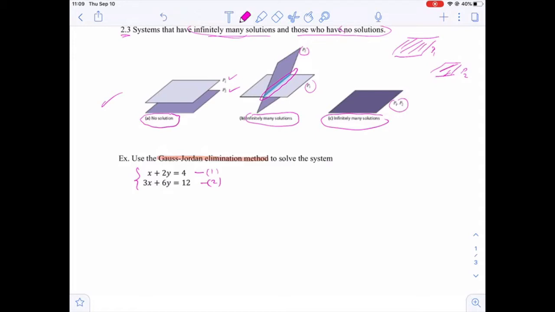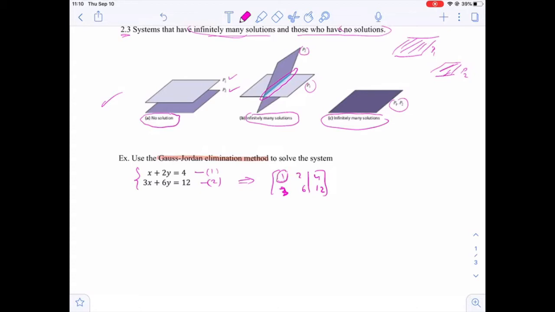Our new method is Gauss-Jordan elimination, and this method is based on matrices. So we write the augmented matrix, so we put the coefficients here and the constants here. So we have the second line 3, 6, 12, and then after writing this we try to make this equal to 1 if it's not already 1, and then we get a unit column.